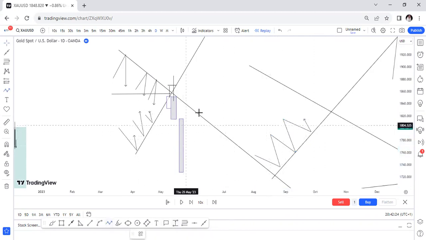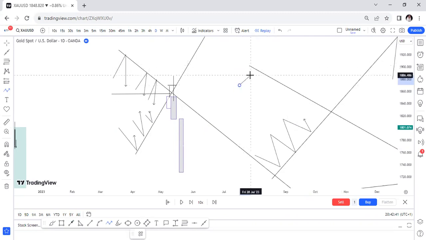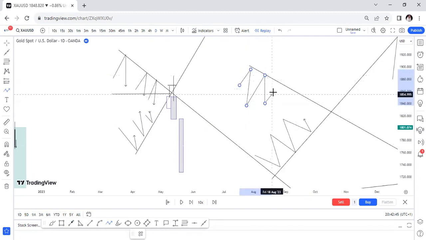Then you have another one coming from here, from the past, either from the high of this in the past. See this.